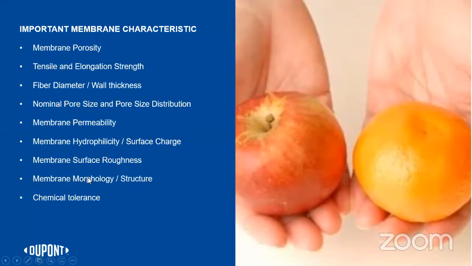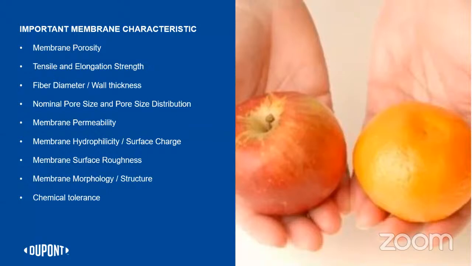How much is the surface roughness? This is to be looked at along with its morphology. These all define what the fouling tendency of the membrane would be. The last thing is the chemical tolerance. Again, this is also about the material of the membrane. The better the chemical tolerance, the more options the user or the operator has to clean the membranes.